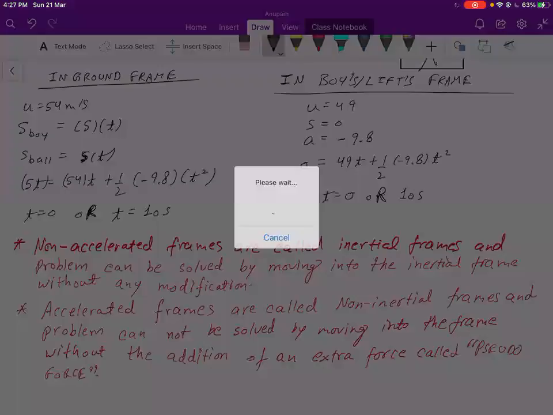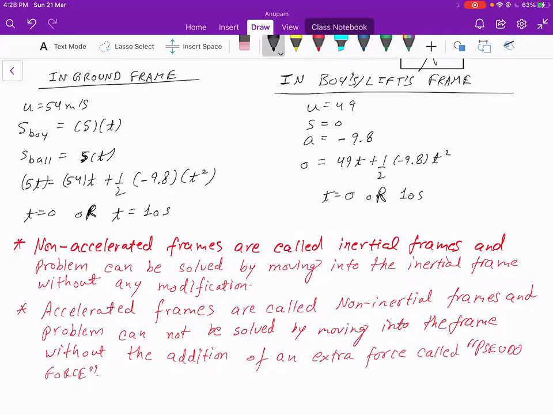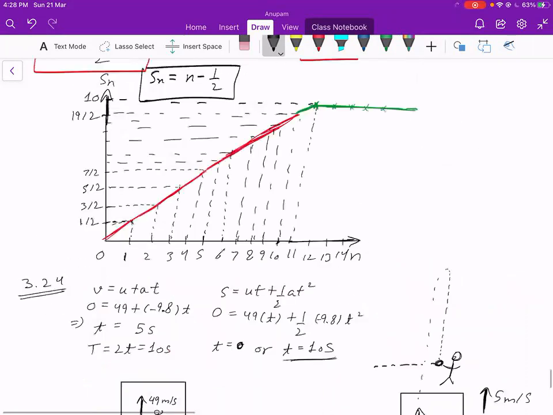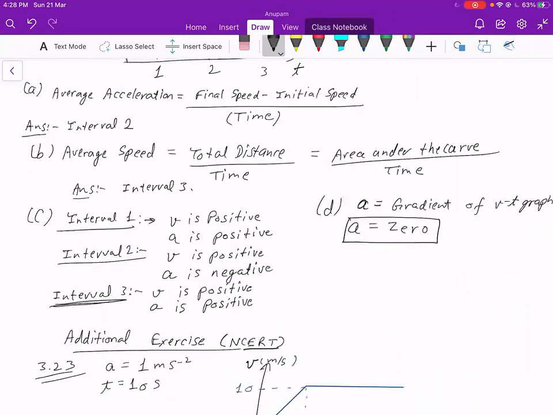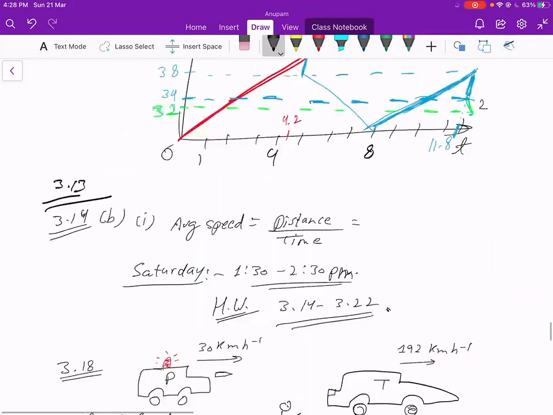So in short, the takeaway is whenever you see that the frame is not accelerating, but it may be moving with a constant speed, in that case, you can do what we did here. Just move into the moving frame and see if that helps our case. Like we did in the train example, train A, train B, guard, driver. You remember that example? There we went into the train's frame to understand it easily. Similarly, if you remember the cycle and bus example, this one, the bus and the cycle example.